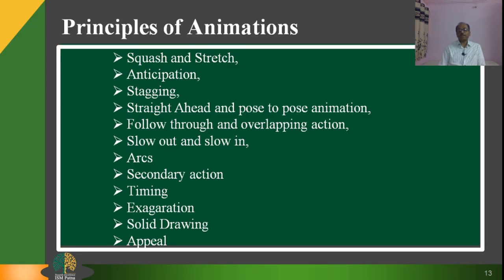Fast wild action scenes are done in this way. Pose to pose is more planned out and charted with key drawings done at intervals throughout the scene. Size, volumes and proportions are controlled better this way, as is the action. The next one is follow through and overlapping action.